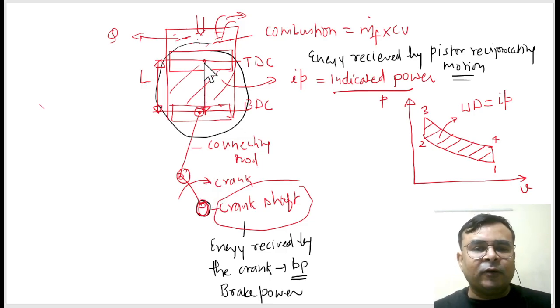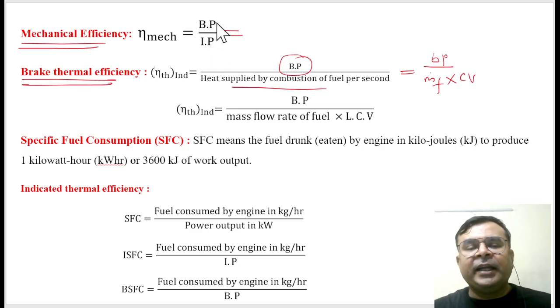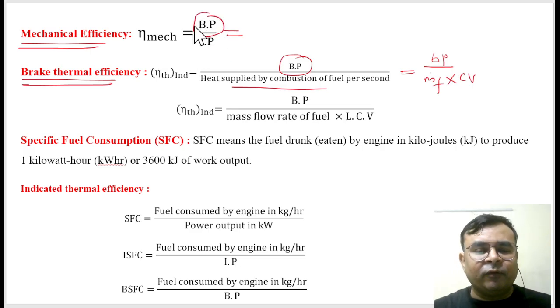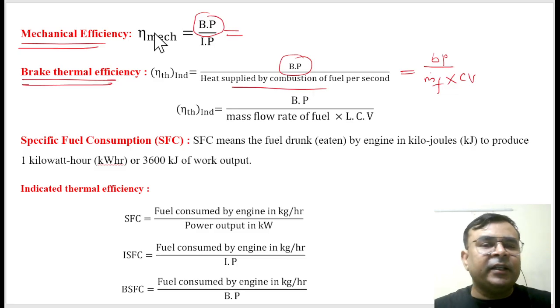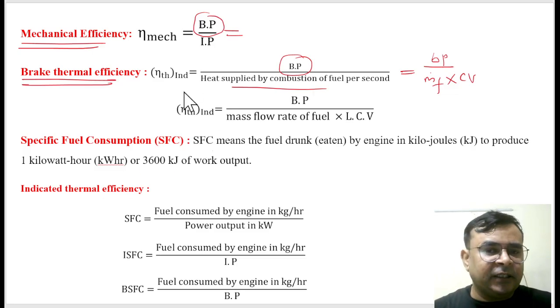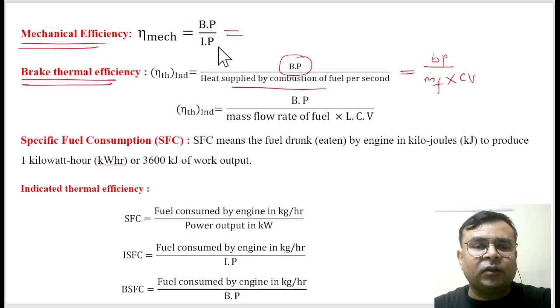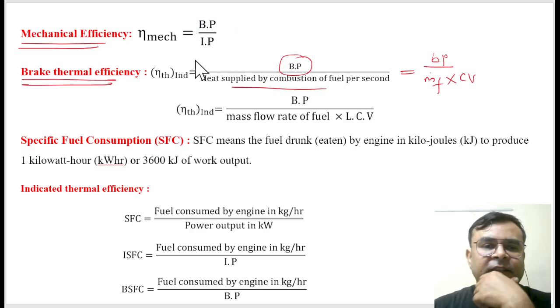So we need to find out the efficiency of energy transfer from this piston reciprocating motion to crank rotation. This efficiency is represented by mechanical efficiency. That's why it is the ratio of brake power over indicated power. Actually this amount of energy is received in the crankshaft, and indicated power is the energy received in the piston cylinder. So this ratio is called mechanical efficiency.